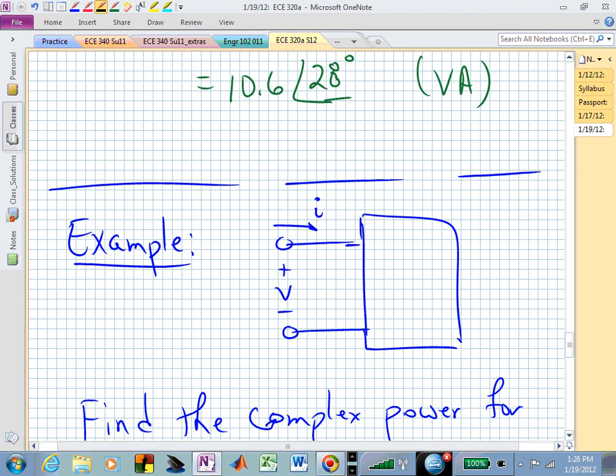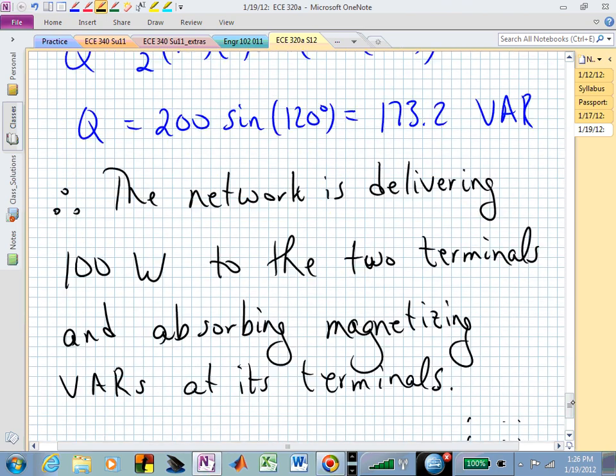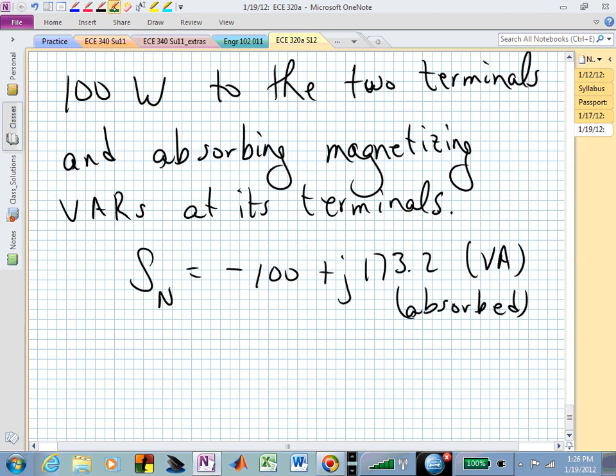But here you have two pieces, and they may not both be in the same direction, meaning your real power and your reactive power. Other questions? Let's look at some complex power expressions.